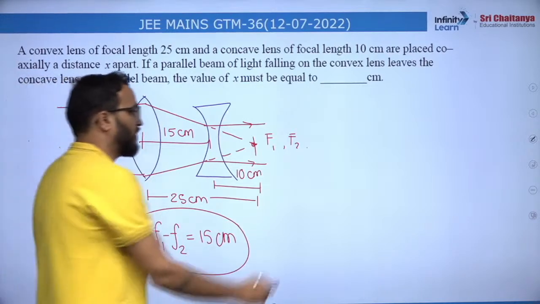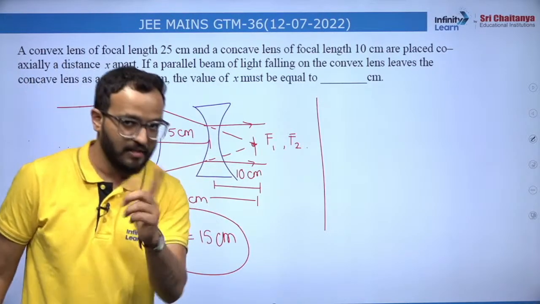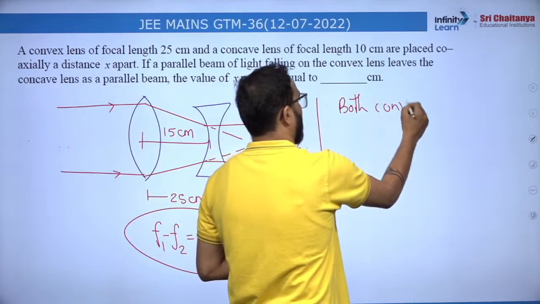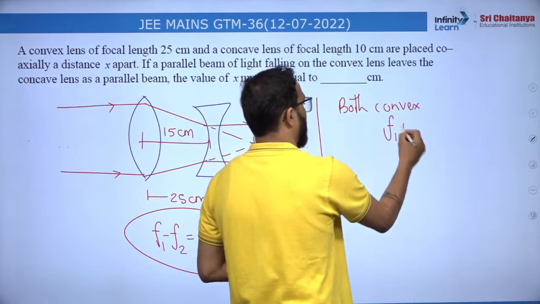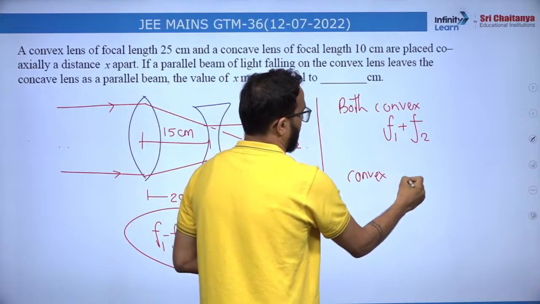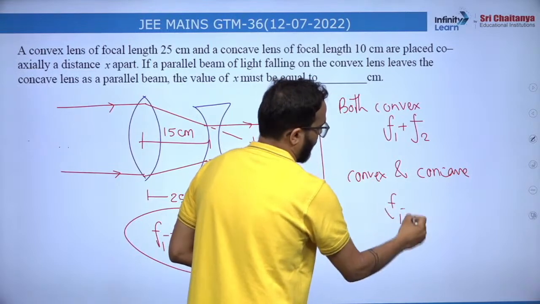Remember students, if this kind of question comes, if both are convex lenses, then the answer is F1 plus F2. If one convex and one concave, then the answer is F1 minus F2.